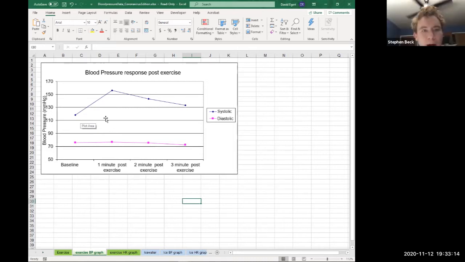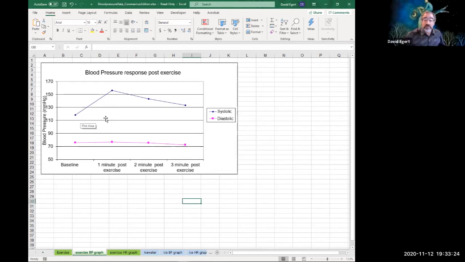Because if you have a high diastolic, it's going to fight the ventricles as they pump out. You're going to have to overcome the diastolic pressure for the blood to eject. Right, exactly. So does everybody hear what Stephen said? Diastolic is what's in the arteries while the ventricles are refilling. That's what the ventricles have to overcome during contraction to actually achieve ventricular ejection.